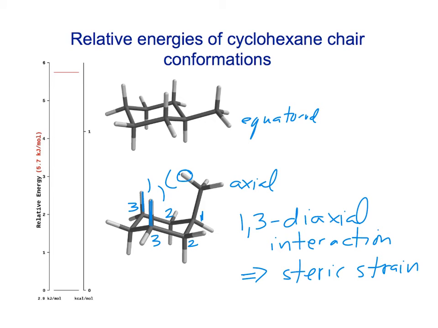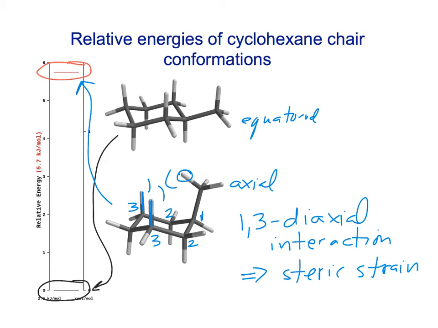So on this little graph on the left side, it shows two positions. Here's one of the conformations, and here's the other conformation. The lowest energy conformation is set at 0. That turns out to be the structure with the methyl group equatorial. The one at the top, the higher energy, is the structure with the methyl group axial.